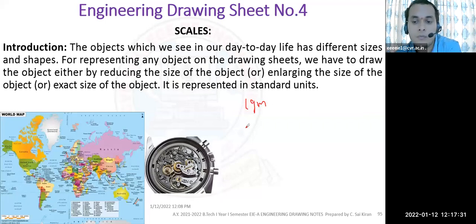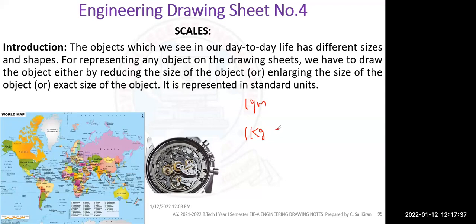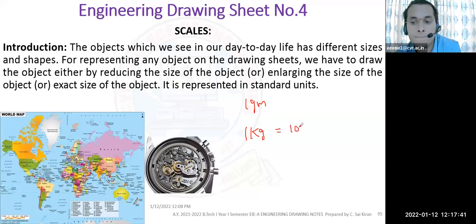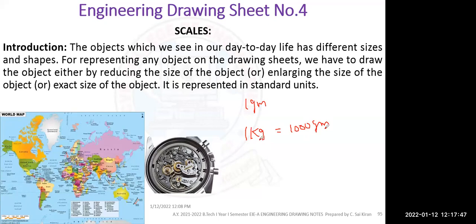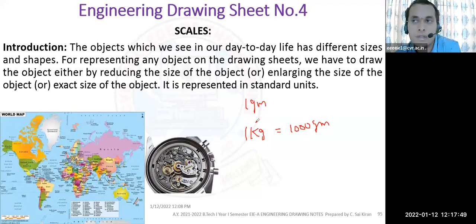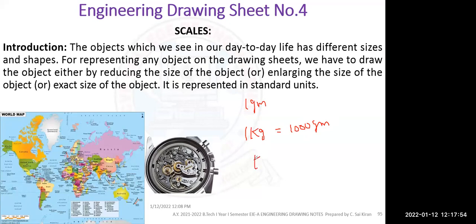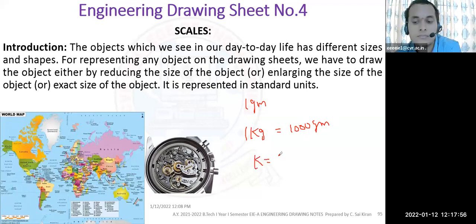Then 1 kg equals how many grams? 1,000. 1 kg equals 1000 grams. The kg full form is kilo. So kilo is nothing but 1000. We take kilo as 1000.